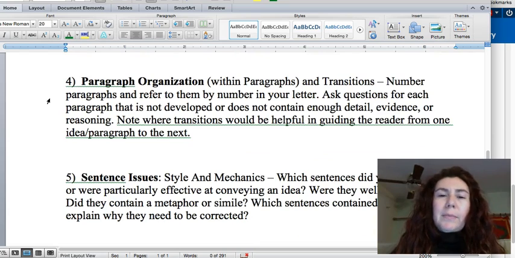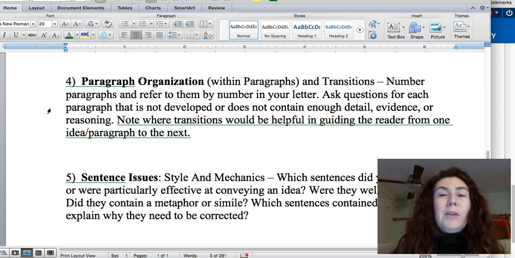The fourth concern is paragraphs, and within that paragraph also transitions. So we had a lecture that talked about the basic paragraph format. Is the author using it?